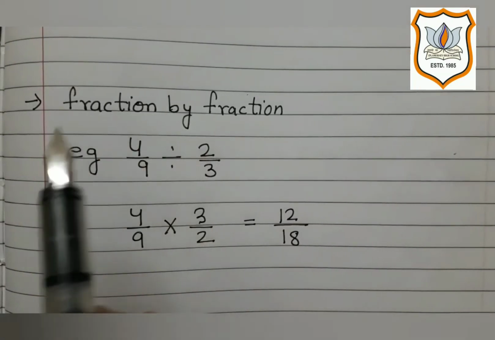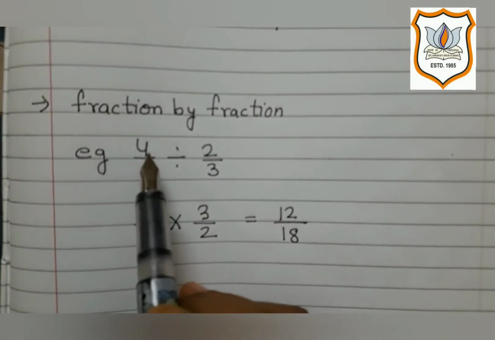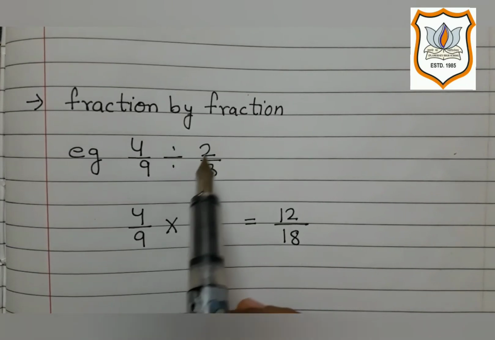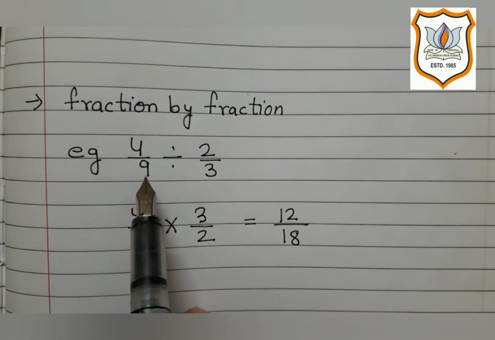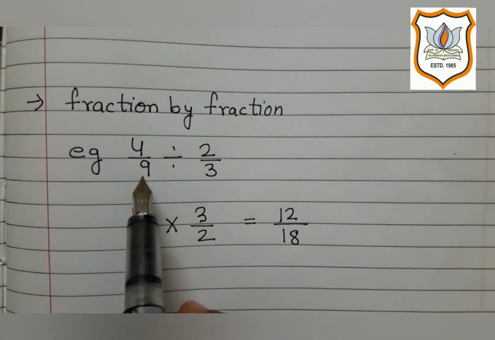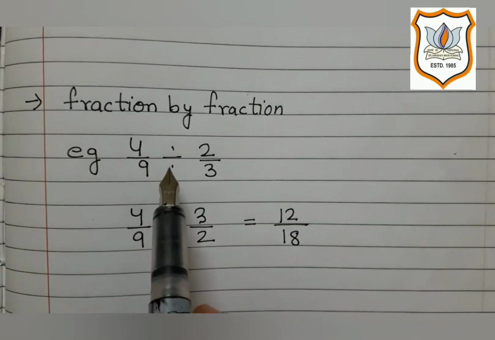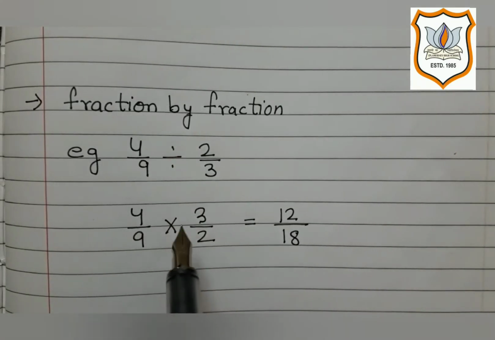Another point is when a fraction is divided by a fraction. Example, 4 upon 9 is divided by 2 upon 3. This 4 upon 9 is a fraction and this 2 upon 3 is also a fraction. So the first step is, again, we have to convert this division into multiplication, and the reciprocal of the second fraction is taken.